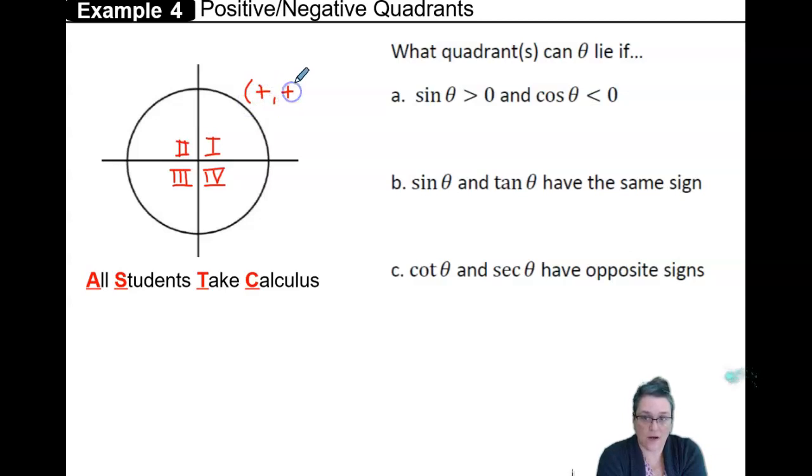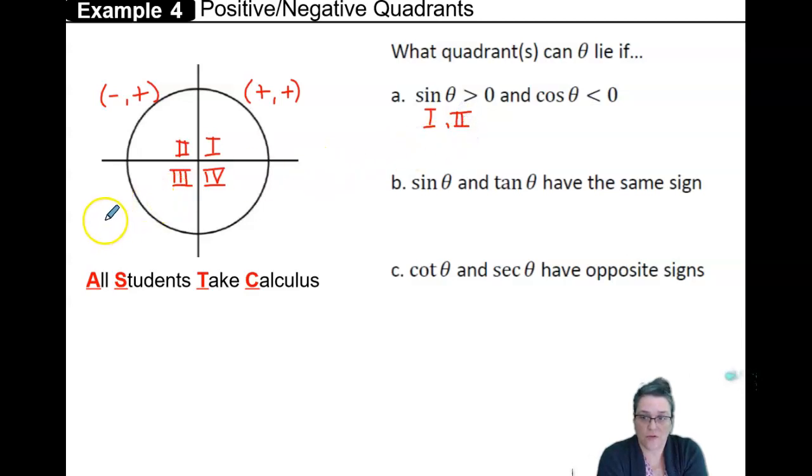In quadrant 1, both x and y are positive. So quadrant 1 would be a place where sine would have to be positive. In quadrant 2, the x is negative, the y is positive, so quadrant 2 would also be a place where sine is positive.